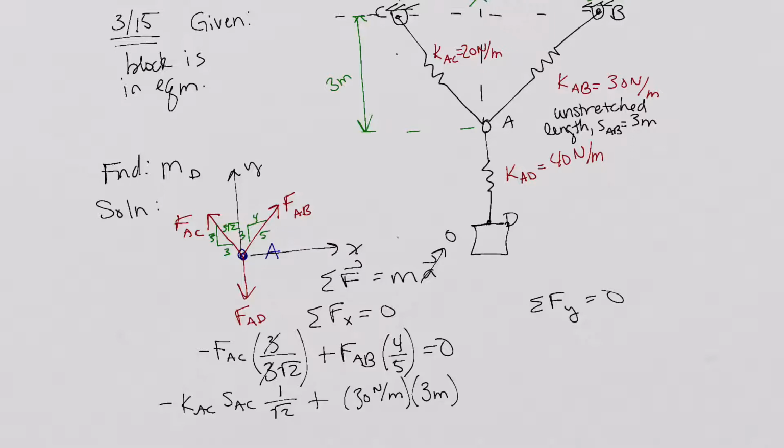We know the unstretched length is 3 meters, and so we want to know the change in those lengths. So 3 was the initial unstretched length, and 5 is the stretched length.